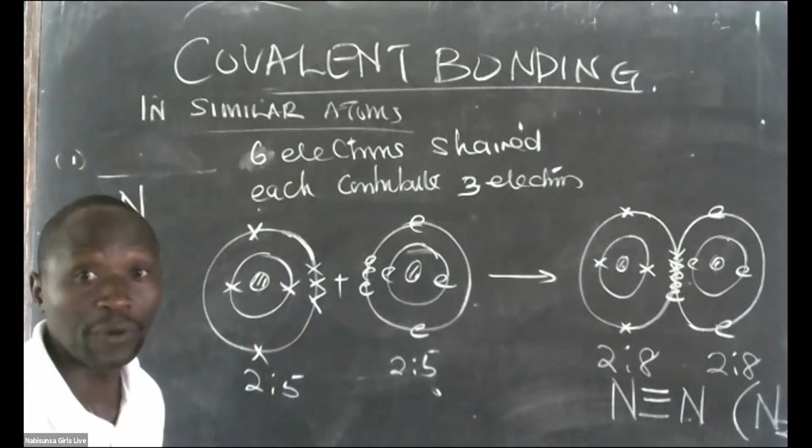So the next has 8 electrons and each contributes 4.